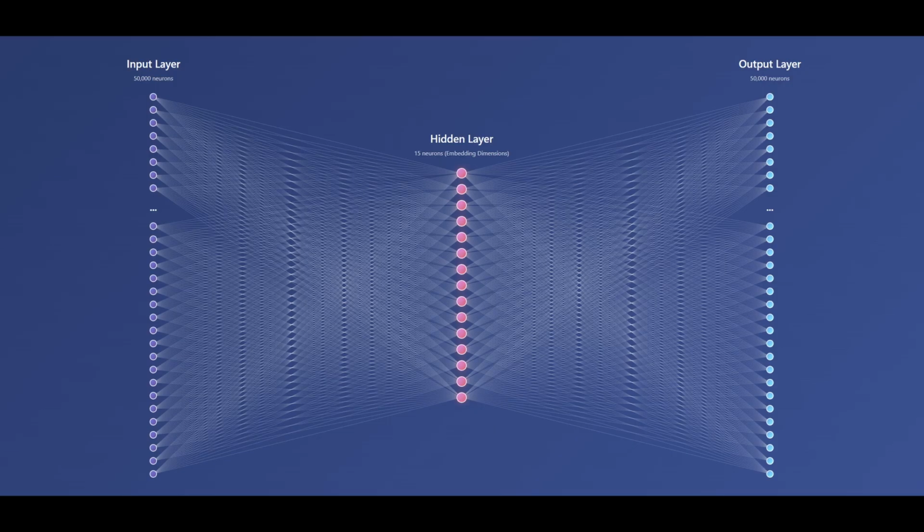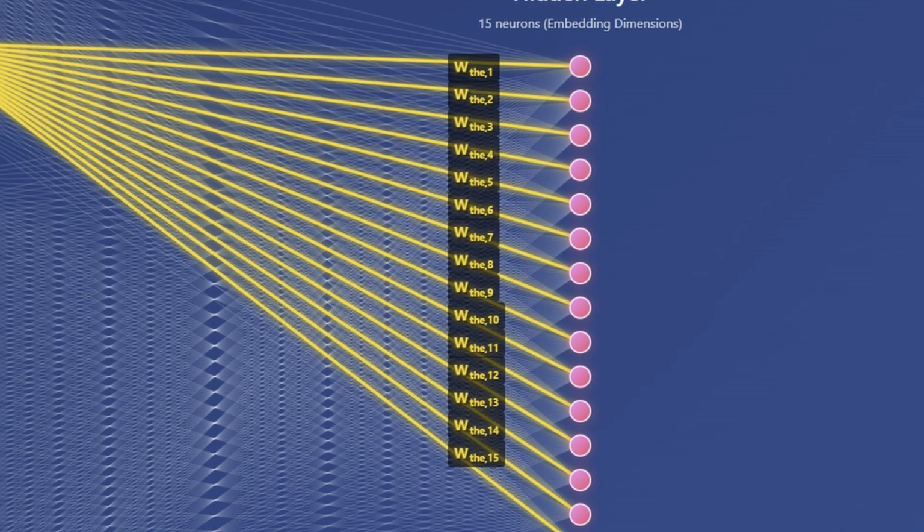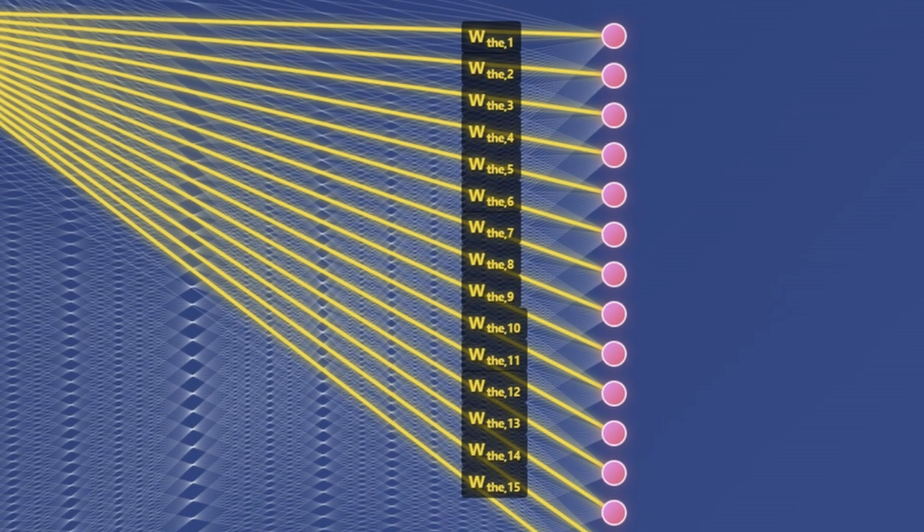Each of those neurons connects to all 15 neurons in the hidden layer through a unique set of weights. The word the, for example, connects to the 15 neurons through its own 15 weights, WV1 through WV15. The word cat has its own set, and so does every other word. Spoiler, those weights are exactly what become the word embeddings.